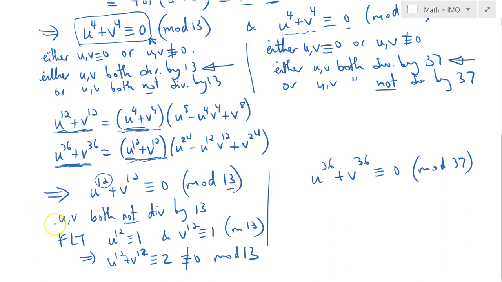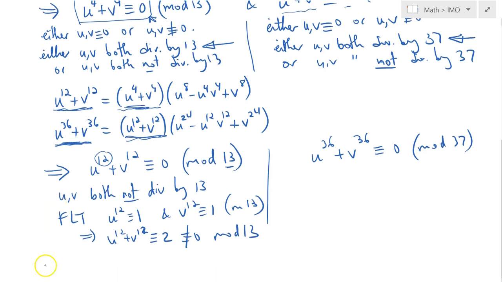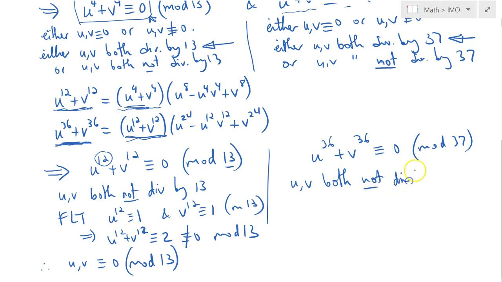So therefore, u and v are both congruent to 0 mod 13, so they are both divisible by 13. And if you apply a similar argument for this expression, again let's assume to the contrary that u and v are both not divisible by 37.